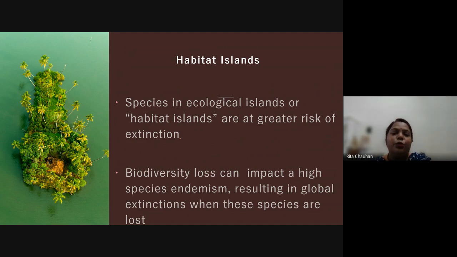So species endemic means it is endemic to a particular area, and we cannot find that particular animal or plant in any other part of the world.